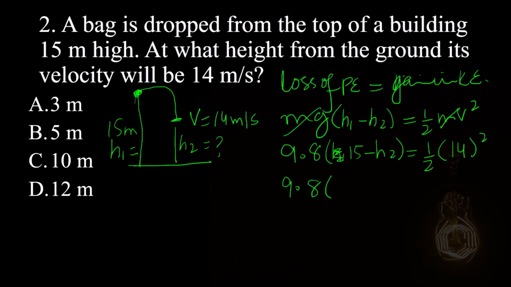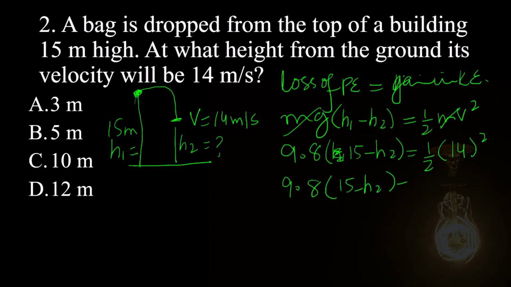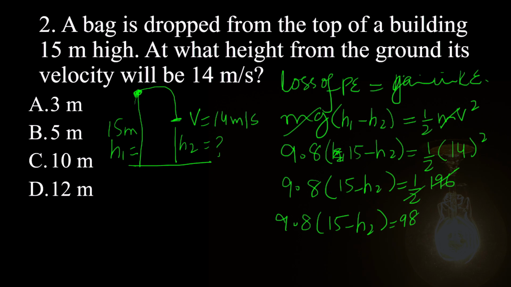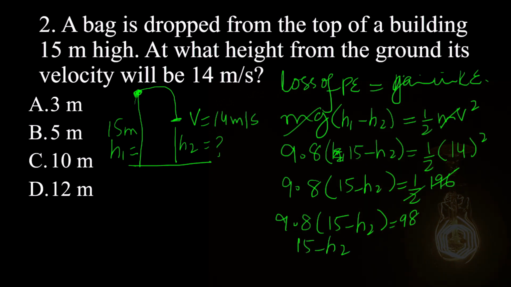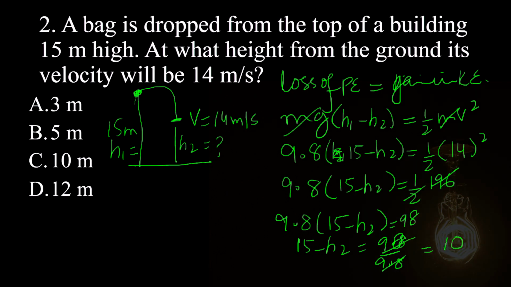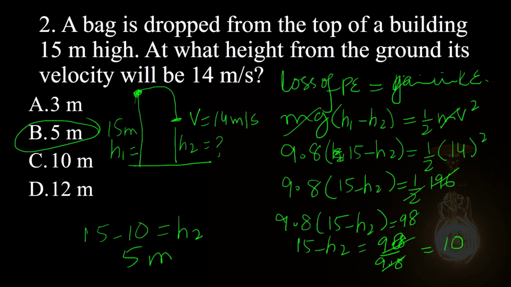Students, tell me what is the square of 14? It's 196, and when you cancel it with the 2, it will be equivalent to 98. When you divide 98 by 9.8, it will be equivalent to 10. And when you take 10 on one side and h2 on the other side, the final answer is 5 meter, which is option number B.